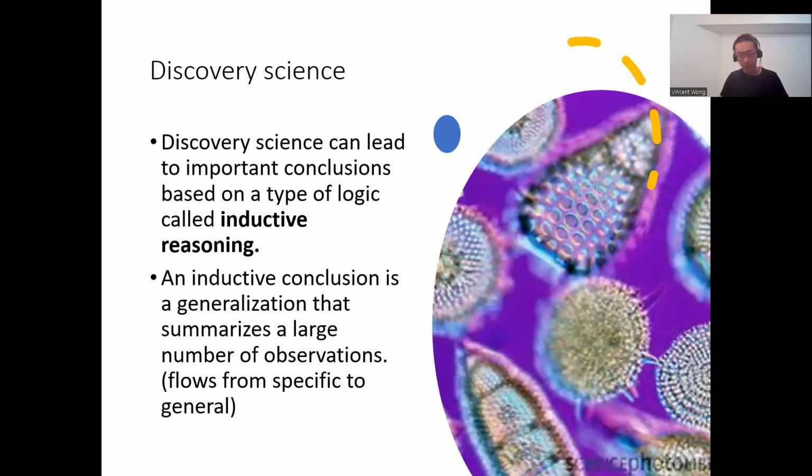We'll continue to talk about discovery science now that we understand we can make observations. It doesn't matter whether you're making observations with your senses, qualitative, or with measurements, that would be quantitative. The key idea of discovery science is to look at all the observations you've made and identify some kind of trend, some kind of commonality in all the things you have observed.